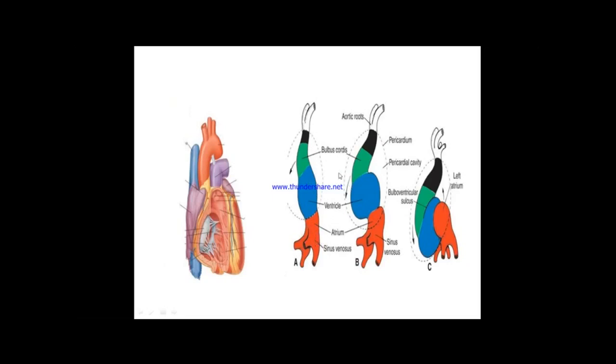Now some bending and dilatation occurs. The bulbus cordis and the primitive ventricle move downwards, ventrally and to the right, while the atria move upwards, to the left and posteriorly. Later the definitive final shape of the heart is achieved as a result of the looping of the heart tube.